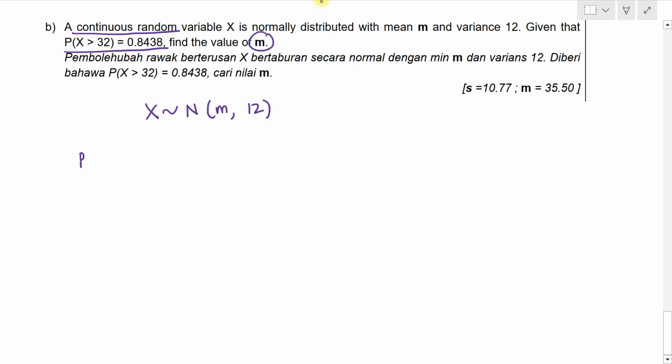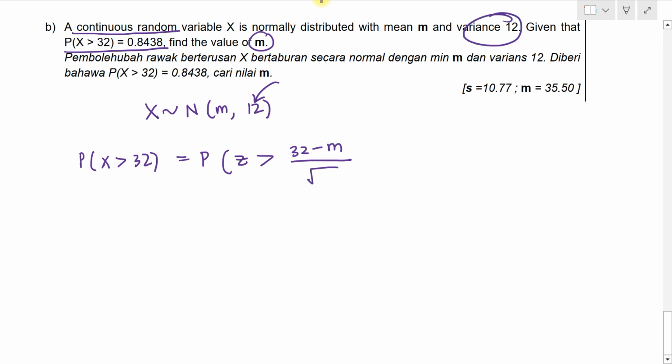Okay. Probability X more than 32 means what? We must convert to Z score. 32 minus mean over standard deviation. Don't think this is the standard deviation, this is the variance. Standard deviation is the square root of what you can see here. Okay, and the answer is 0.8438.